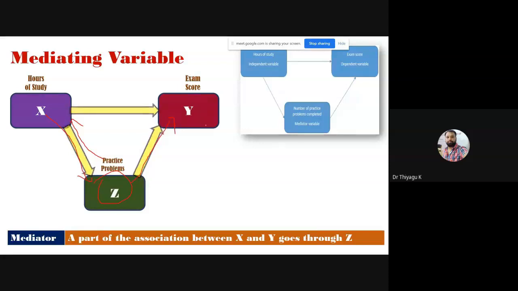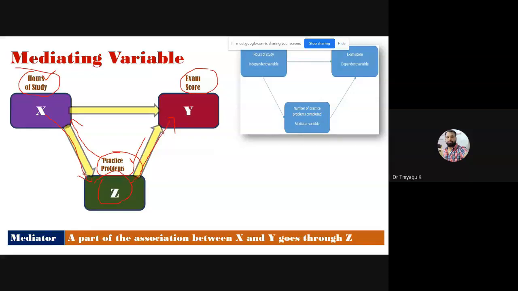Here Z acts as a mediator between the two variables, X and Y. See this case: I am considering hours of study as the independent variable and exam score as the dependent variable. For example, problem practice. If I increase the hours of study, damn sure the problem practice may increase. Suppose I sit for 5 hours of study, I may solve 5 problems.